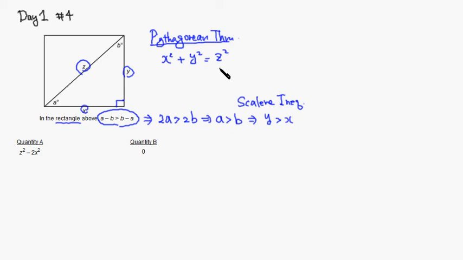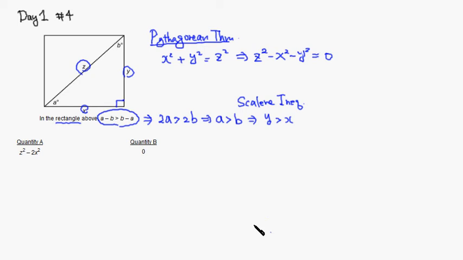Which means that we can just put everything on one side. So z squared minus x squared minus y squared is equal to 0.